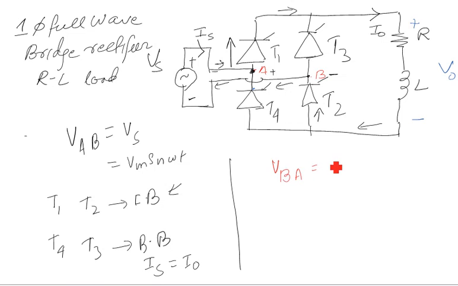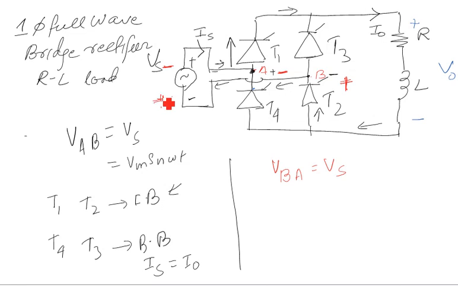Let us discuss when VBA is equal to Vs, that is B is positive and A is negative. The negative half cycle I am representing with the red line. Here the reverse polarity happens when the negative half cycle operates.